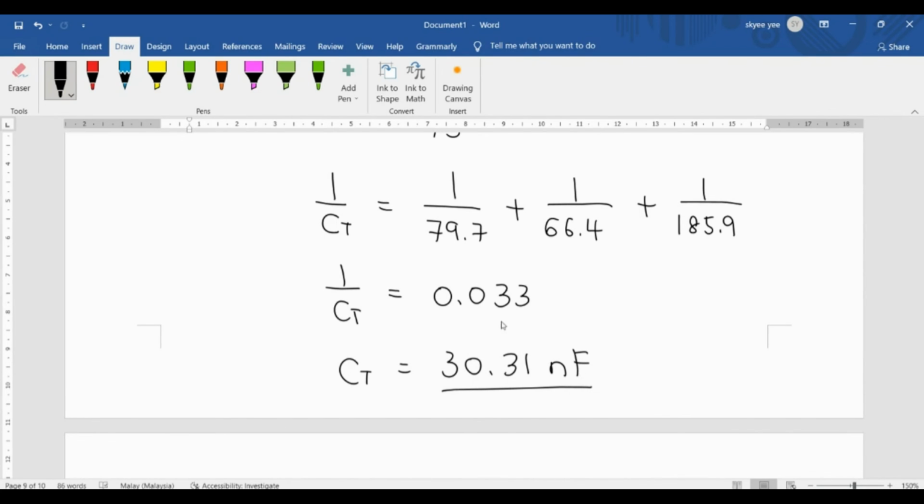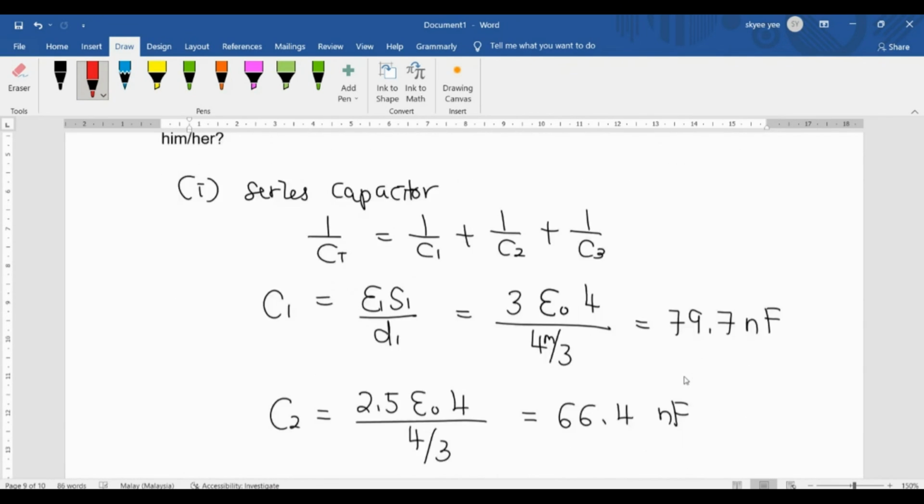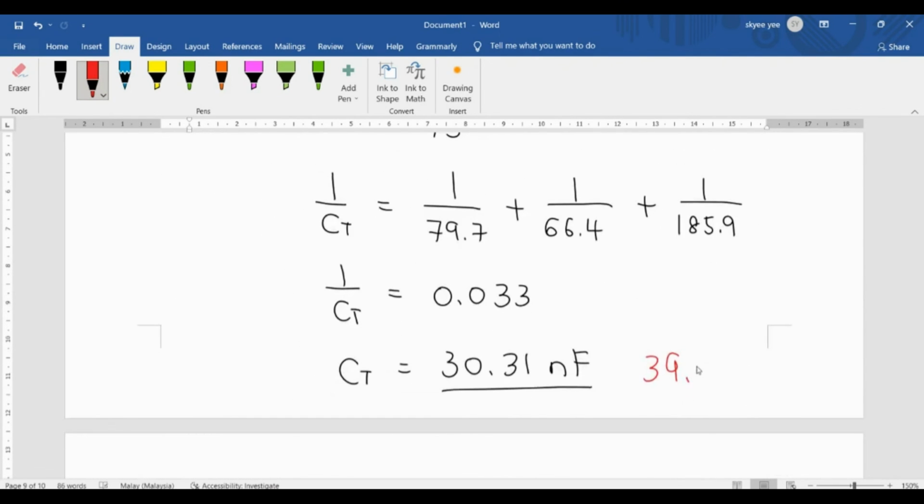So you have to calculate back. If this one is 39.28 nanofarad, what will happen to this value? So it will be 1 over 39.28, which gives you 0.0254, something like that.